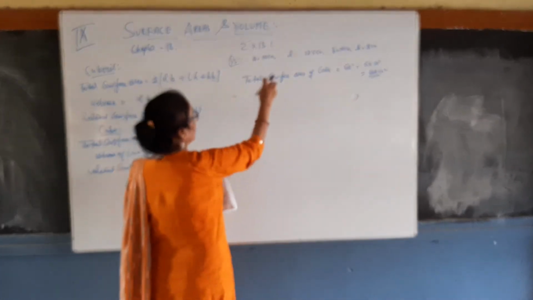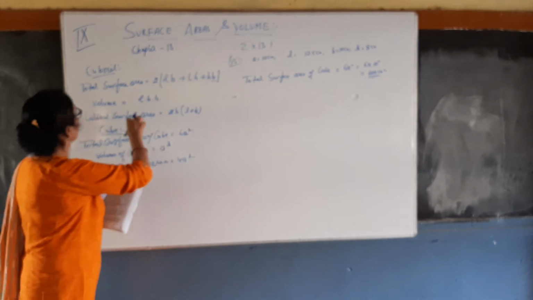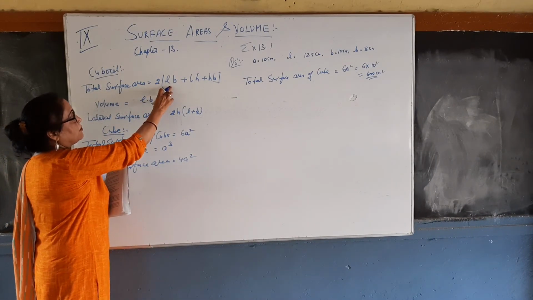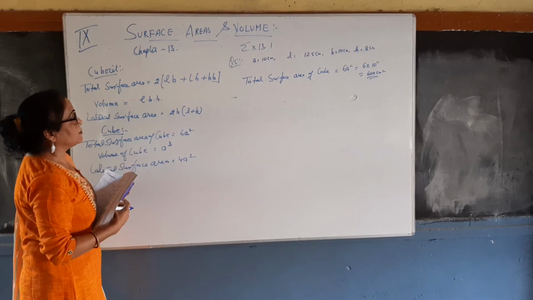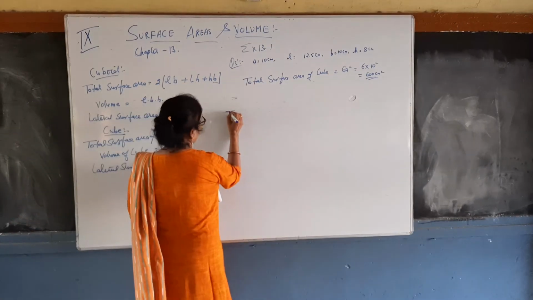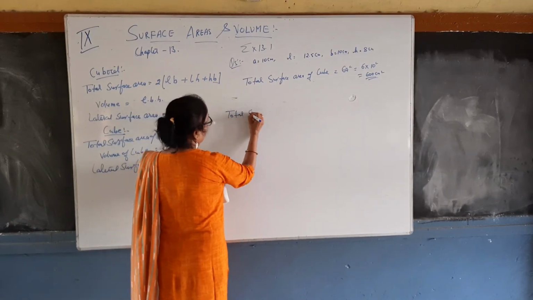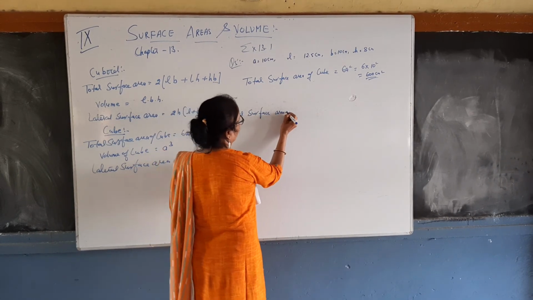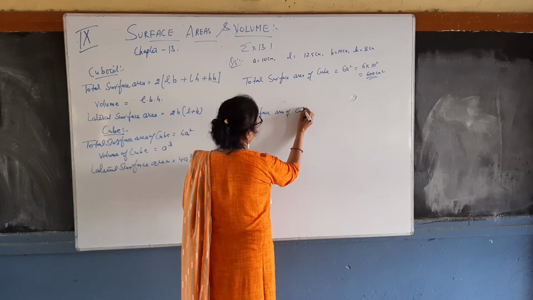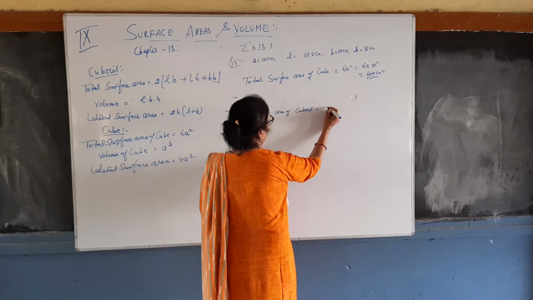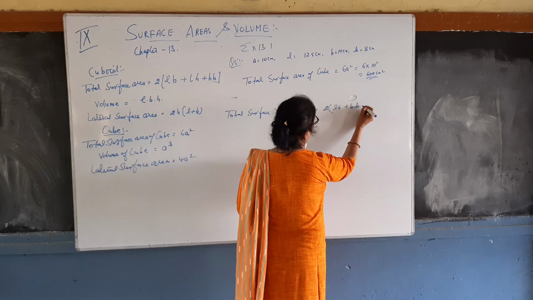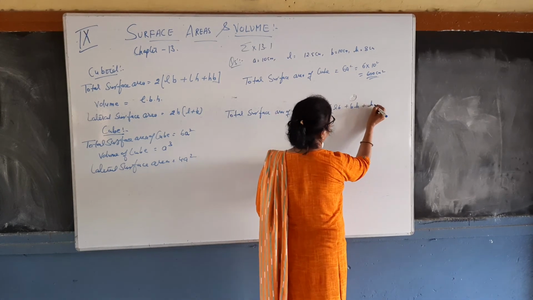Now we will find the total surface area of the cuboid. Total surface area of cuboid is 2 into LB plus BH plus HL.